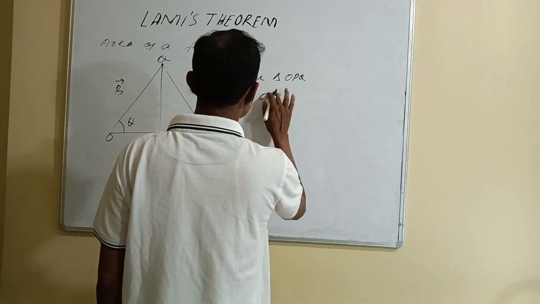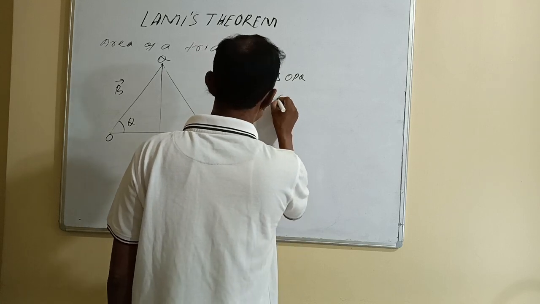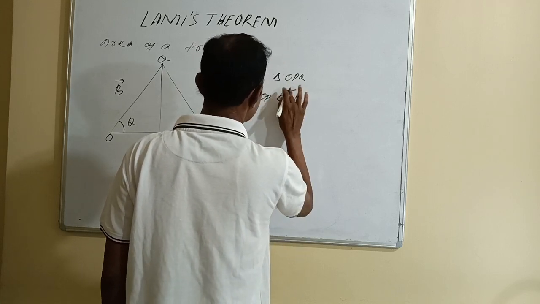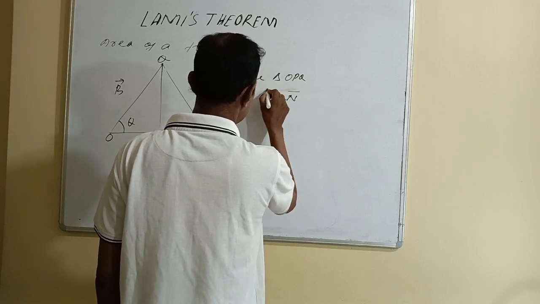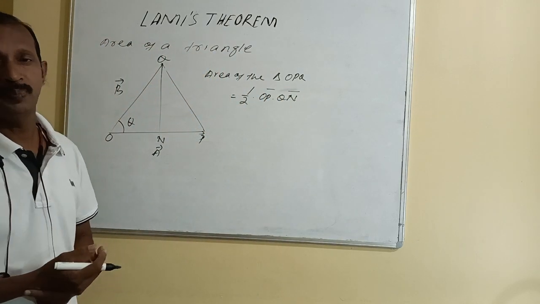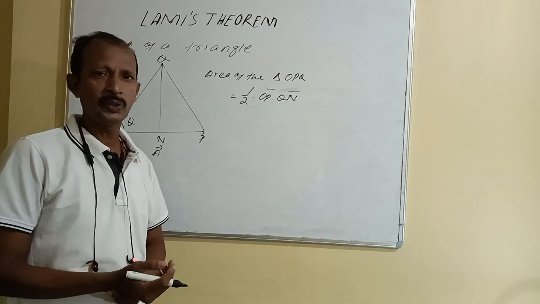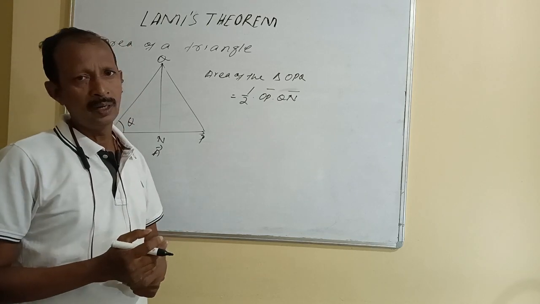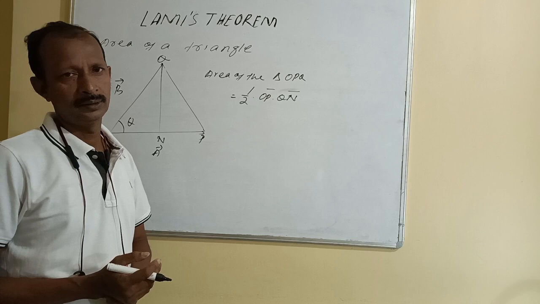OP into QN. I'm taking the magnitude. For the area of the triangle, simply I have written half into base into height.